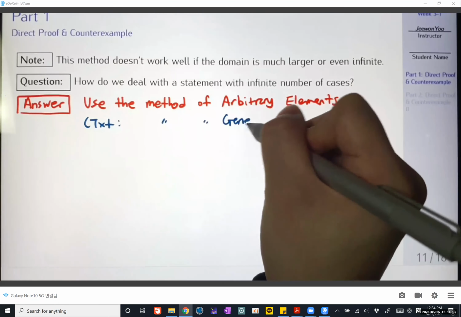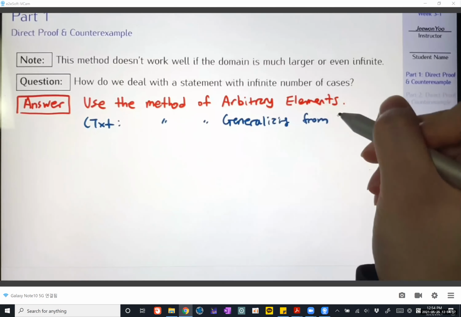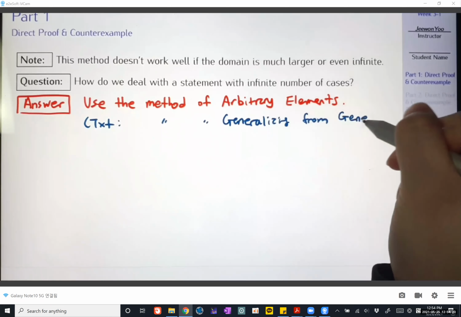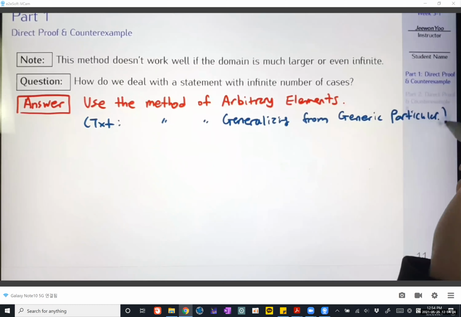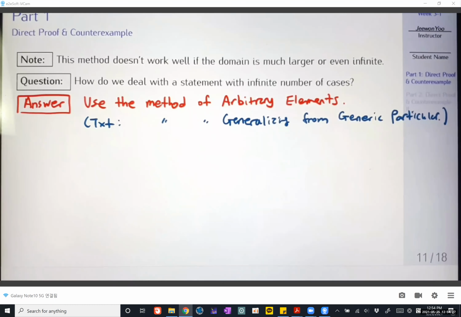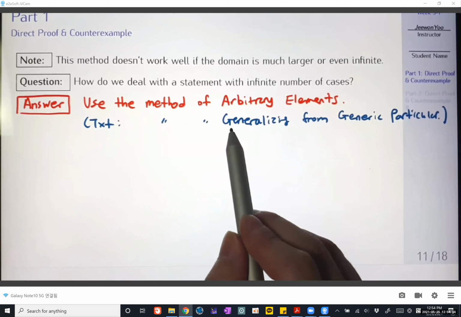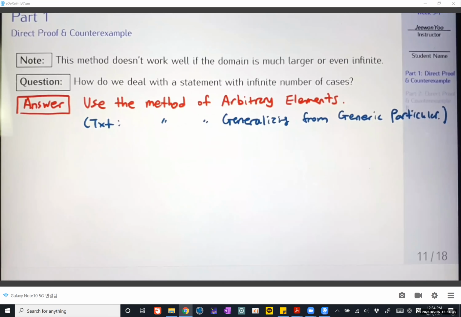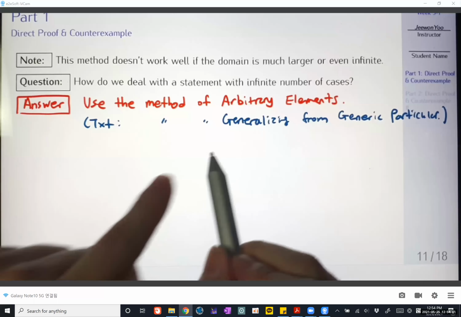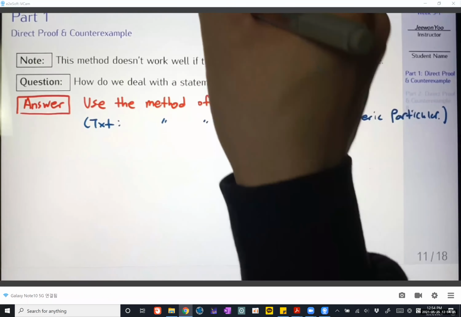It's too long, so I'm giving you 2 names so that you're not confused when you're studying this with the textbook problems. What do they mean by the method of generalizing from the generic particular? This method is very useful, everyone. Here's an example.